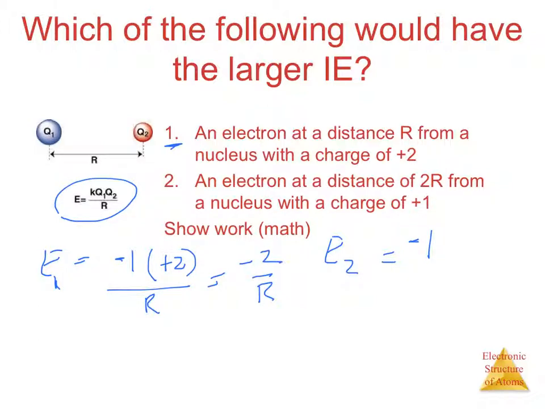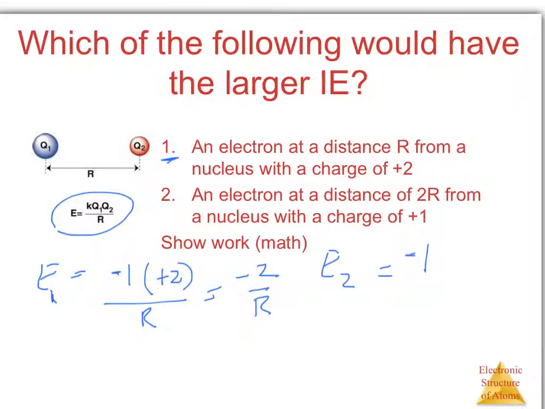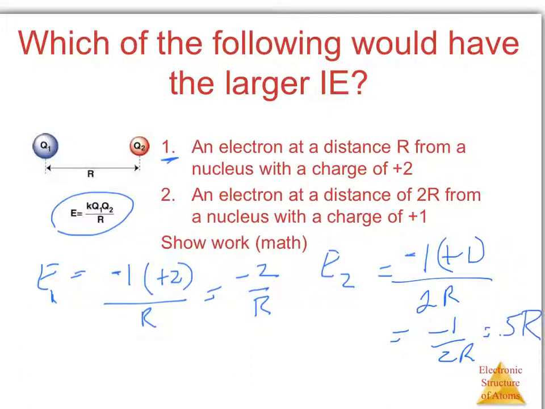Now the nucleus has a +1 charge, and that is going to be over a distance of 2R. So this is going to be -1 over 2R, or 0.5 over R. So what you can see here is that number 1 has a magnitude 4 times greater than number 2. So this is going to have a higher ionization energy required to remove that electron.